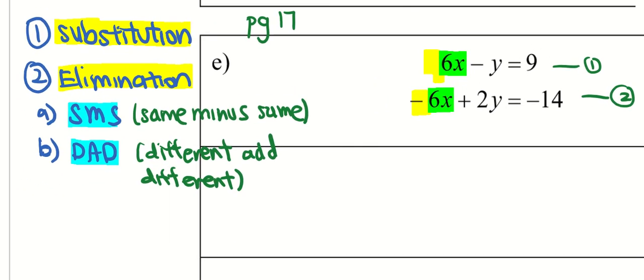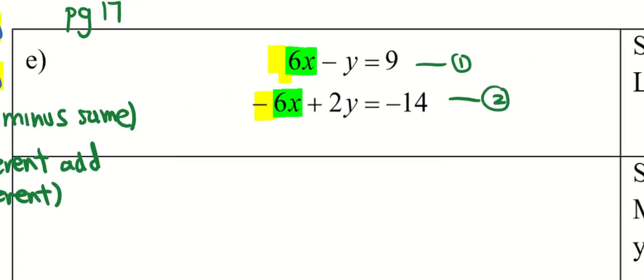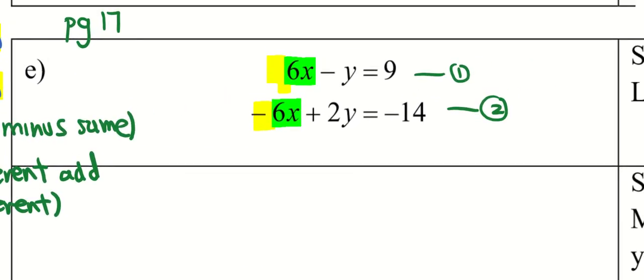So I can use DAD because they are different as in the sign, but actually they are both 6x. So I'm going to have different add different, meaning my equation 1 and equation 2.